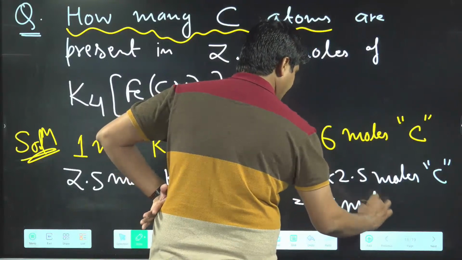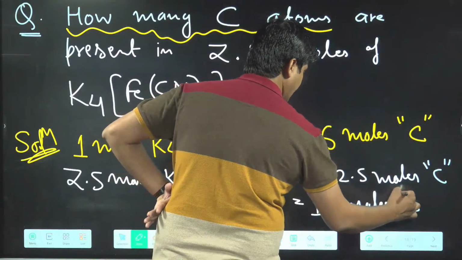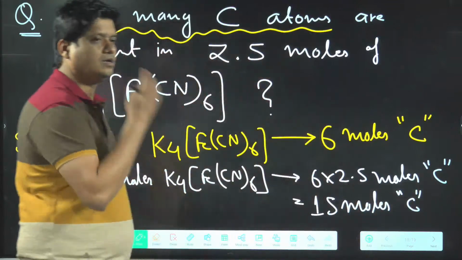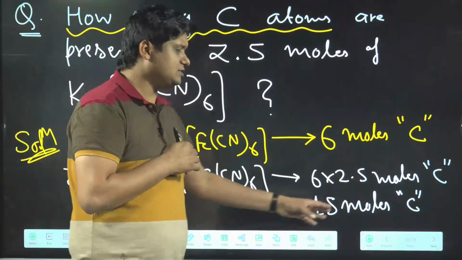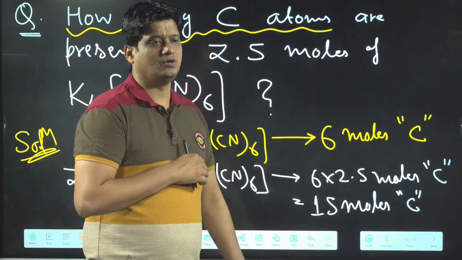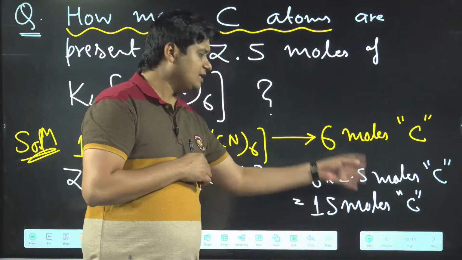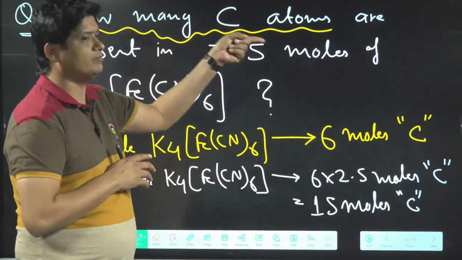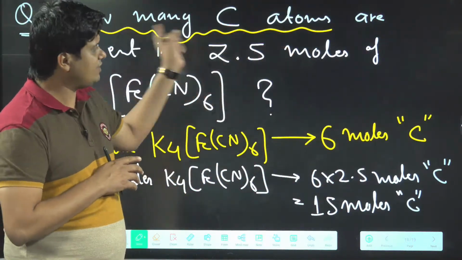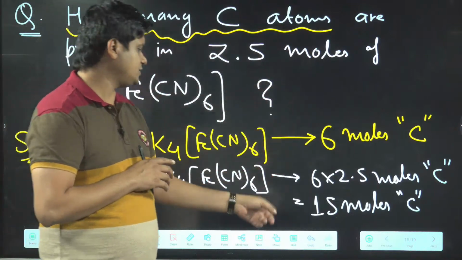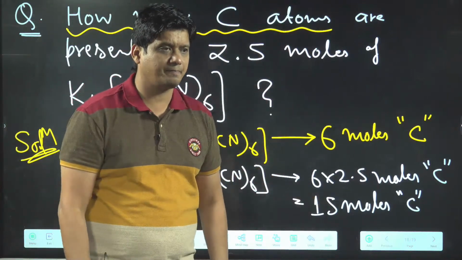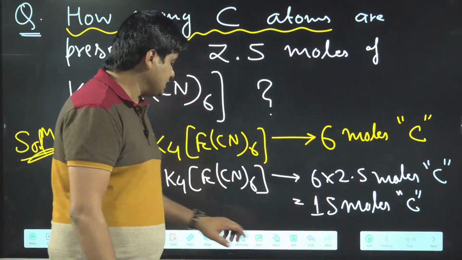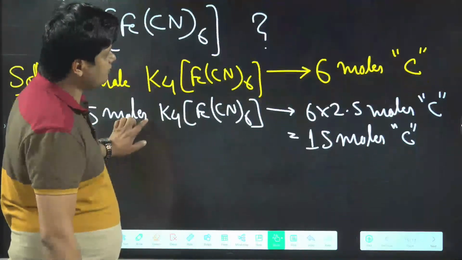So it is 15 moles of carbon atom. Is this our final answer? No. Why is it not the final answer? Because it is 15 moles and they have asked about the number. If they were asking about the moles, this 15 would be our final answer. As they are asking about the number, we have to convert this mole into number.